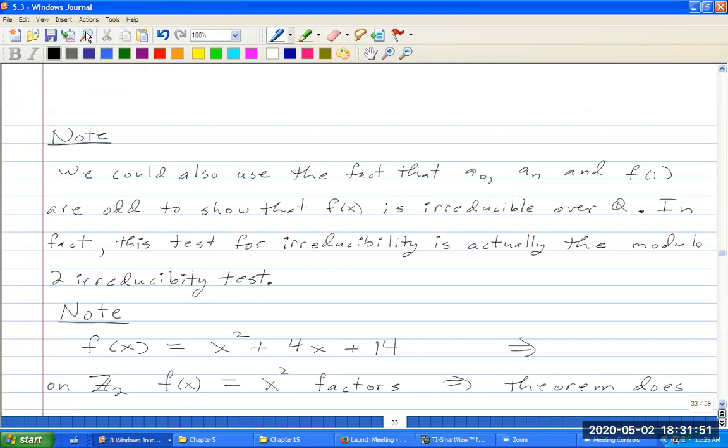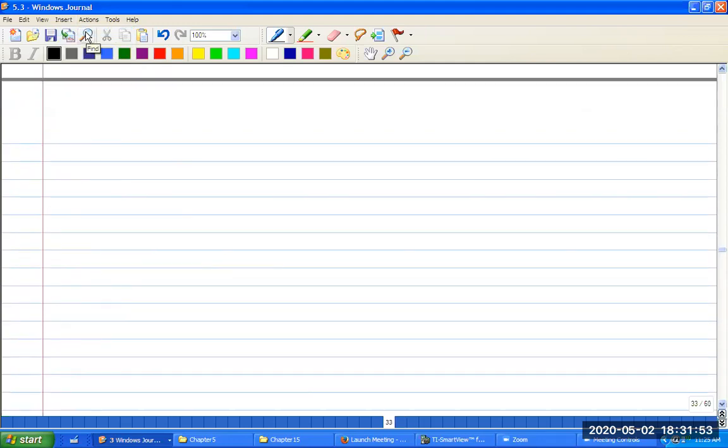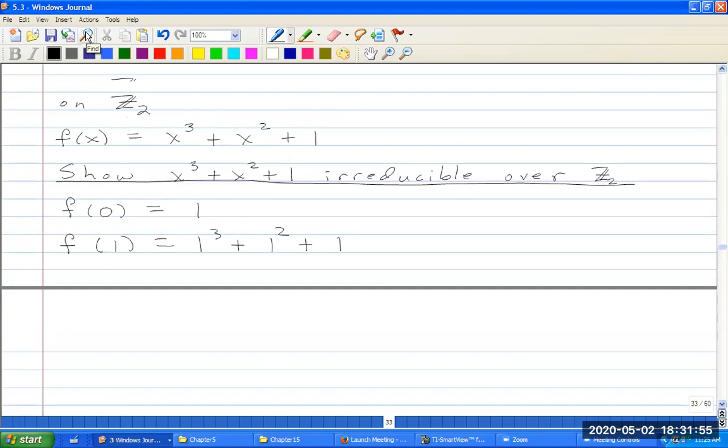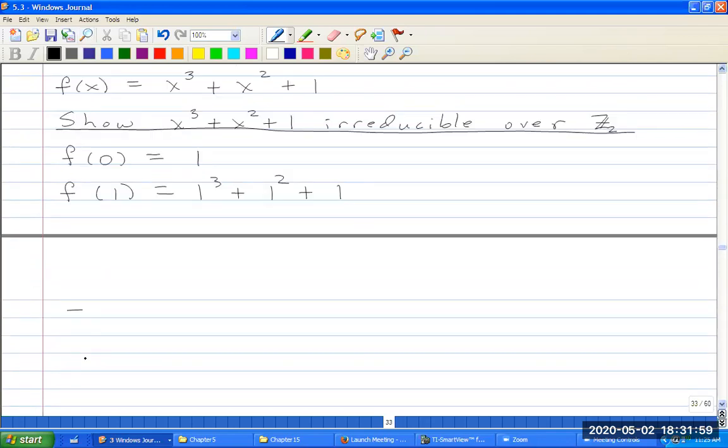So I'm just going to check everything. So f of 1, this is an odd number, so it's just 1. So I've checked only 2 possibilities. Z2 just involves 0 and 1. I've checked neither of those are roots.